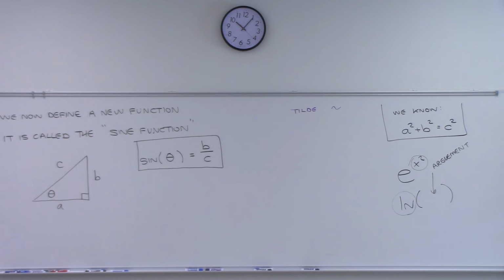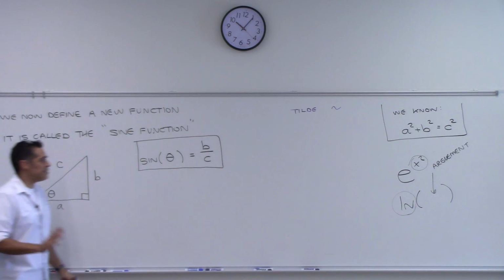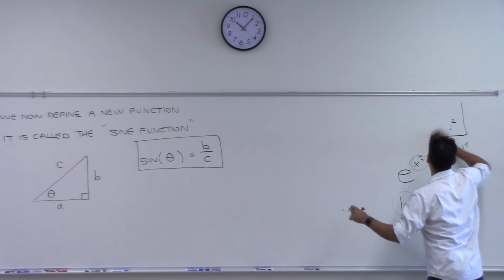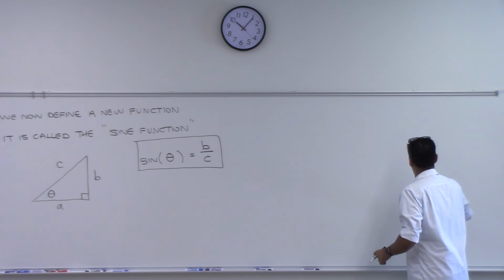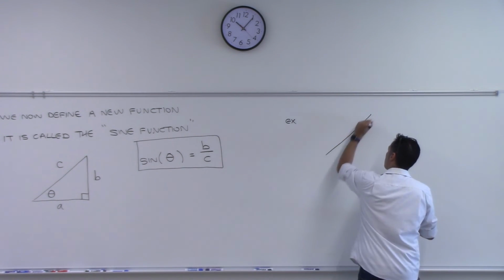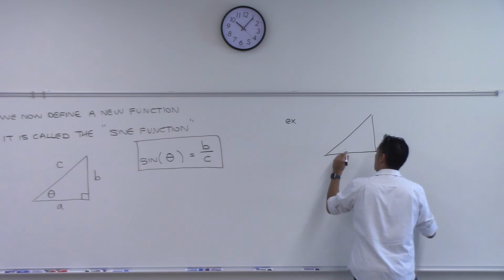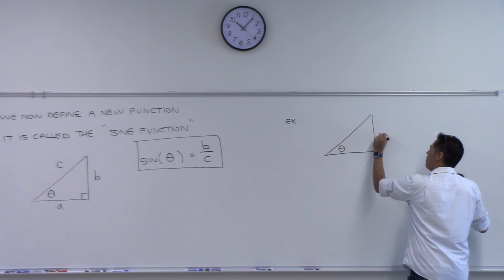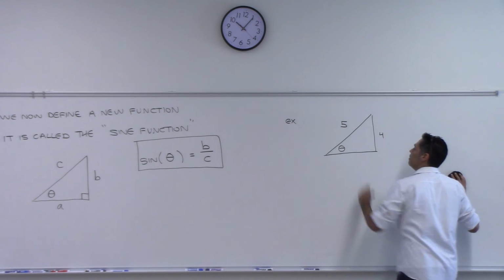All right? Let's not make it any more complicated than it has to be. That is the definition of sine up to this point in this class. So let's do an example. Let's say I give you this triangle, okay? I tell you this is theta. I tell you this is, let's say, 4, and I tell you that's 5.